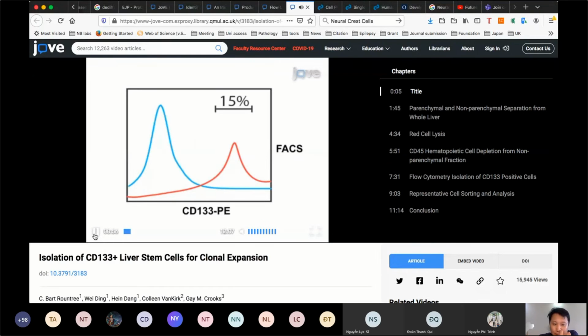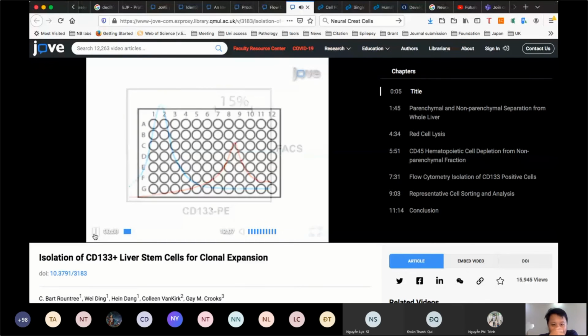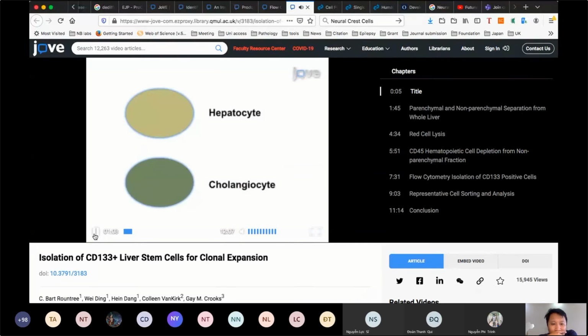Liver stem cells. Finally, isolated CD133 positive liver stem cells are cultured and expanded in vitro. Gene and protein expression analysis demonstrate that the isolated CD133 positive stem cells are able to differentiate into both hepatocytes and cholangiocytes.